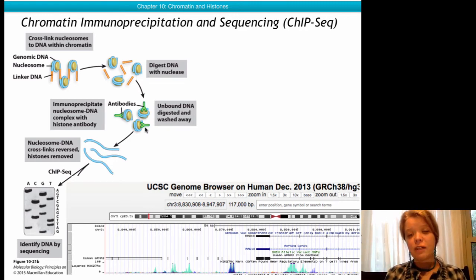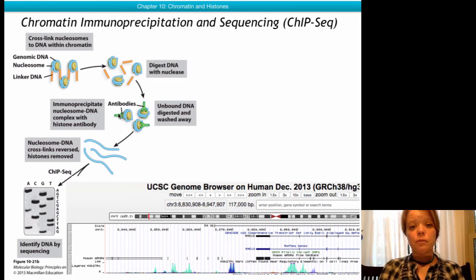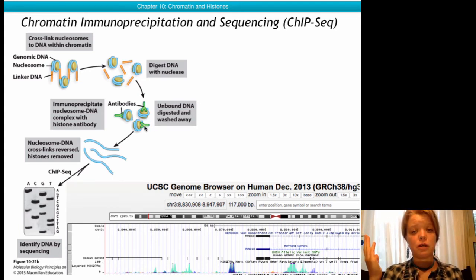Only the ones that have the H3K9 acetylation will bind to the antibodies, and we will wash the rest of them away. And how come we don't wash the antibodies? Well, this picture doesn't show it, but your antibodies are attached to something like a column. So everything that does not bind to the antibody is going to go through the column, and these guys remain on the column.